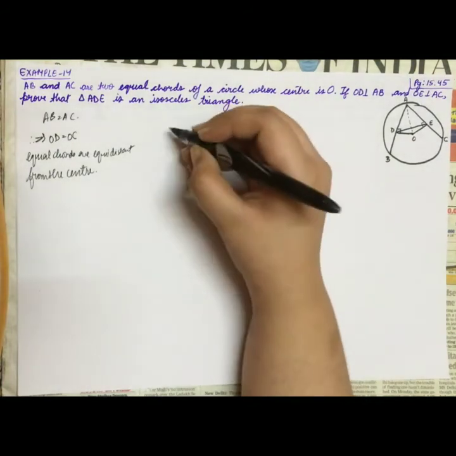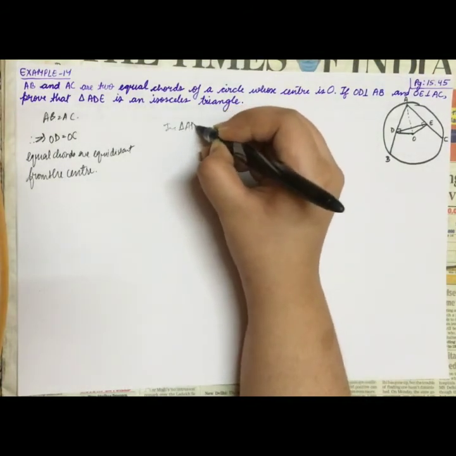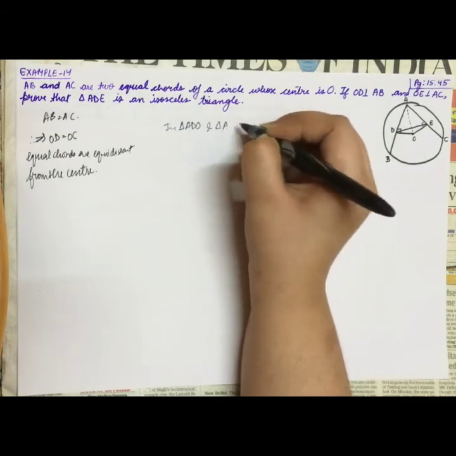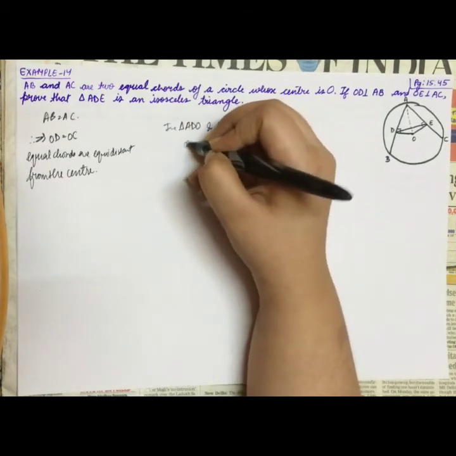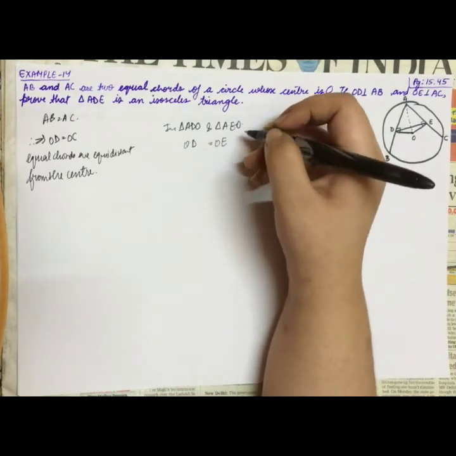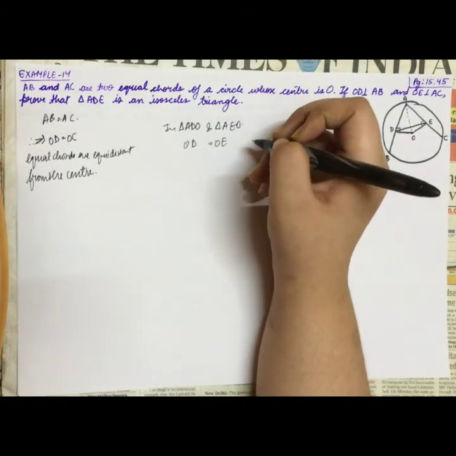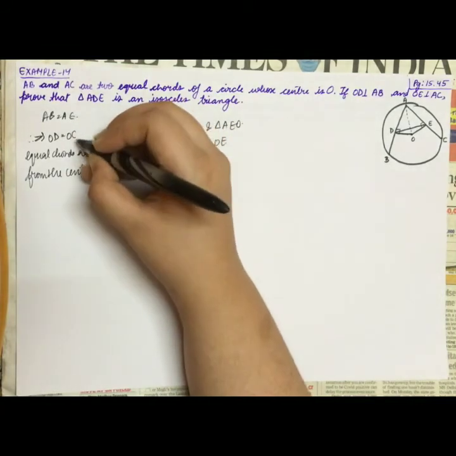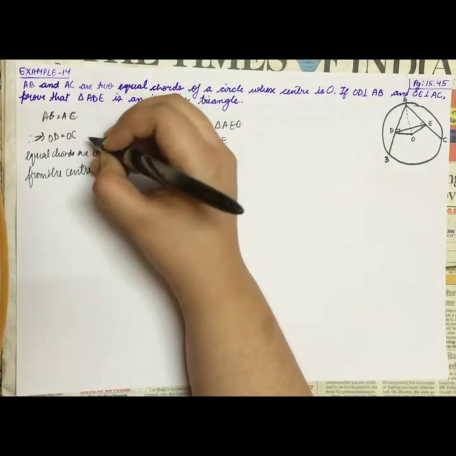Now, in triangle ADO and triangle AEO, OD is equal to OE, as we have proved above.